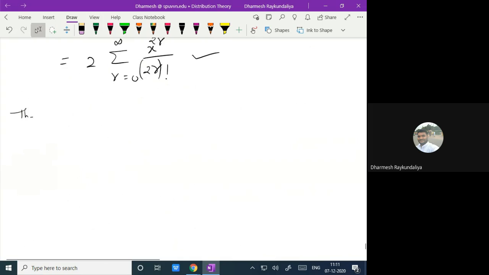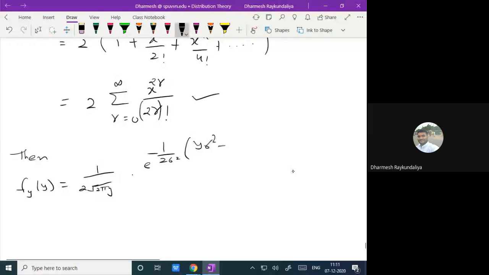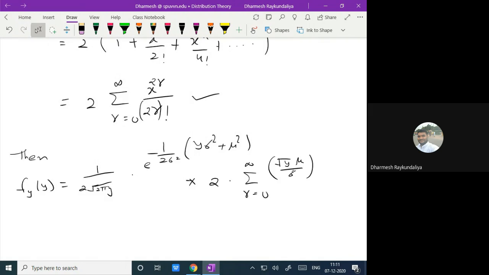Then f_Y of y is nothing but what you had, 1 upon 2 root 2 pi y into e raised to minus 1 by 2 sigma square into y sigma square by mu square, and we can write it as twice, because twice into the summation, r equal to 0 to infinity. What is x? x in our case is root y mu by sigma raised to 2r upon 2r factorial.